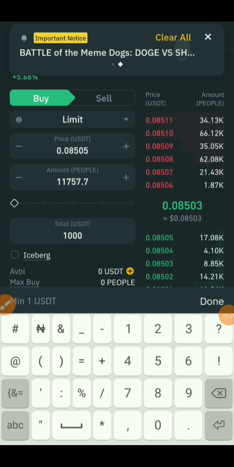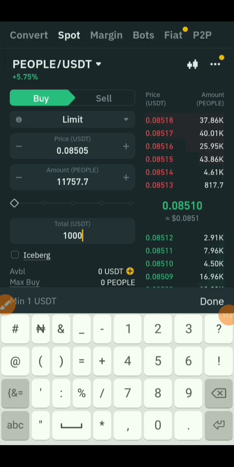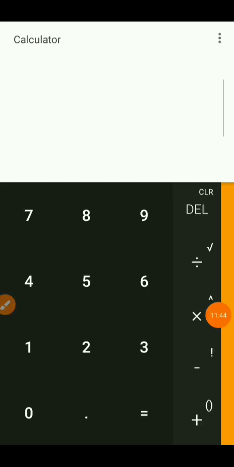So now we are going to head to the calculator and increase 2% on this, so we can be at the percentage depth of the rest of the people. In our calculator, in order to calculate the 2% increase, to get on the order book along with the rest of the people that are ready to buy when it gets low, we are going to calculate 2%. If your calculator doesn't have a percentage, you can just say 2 divided by 100.